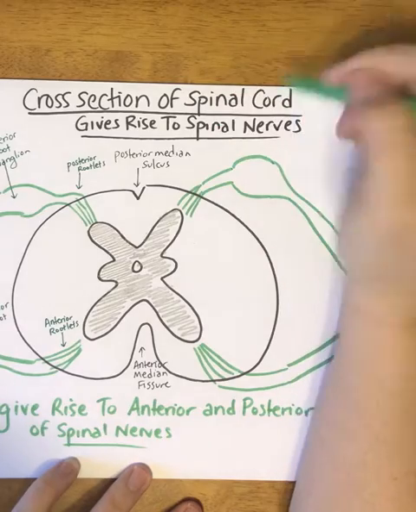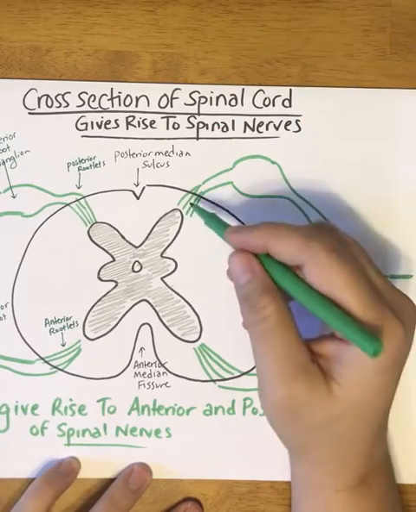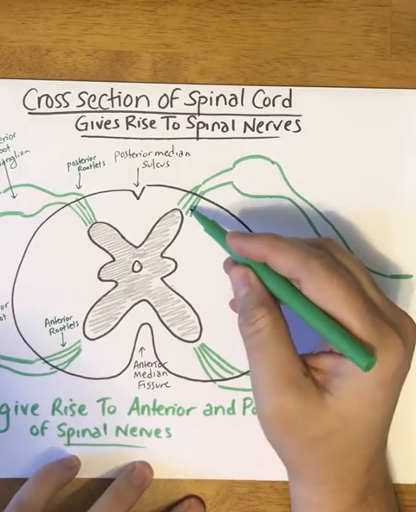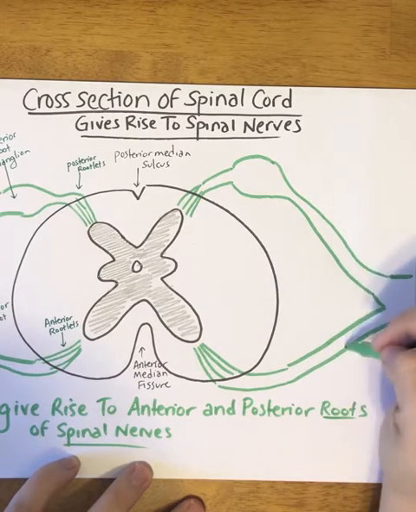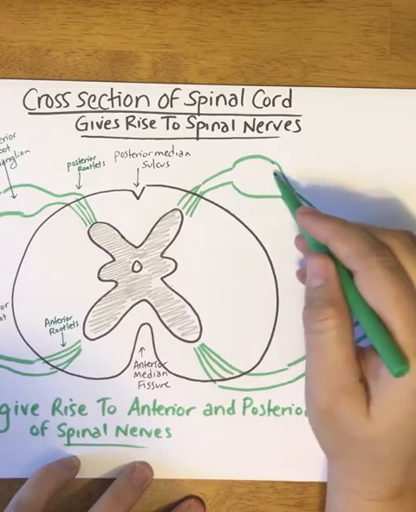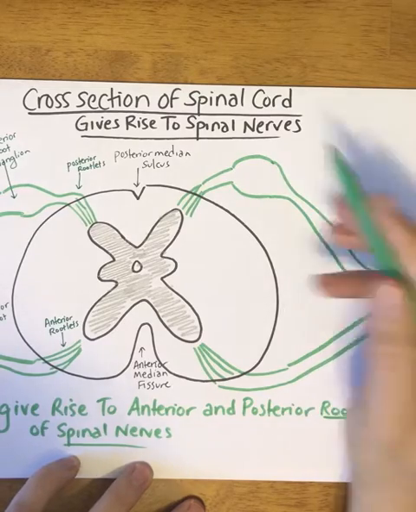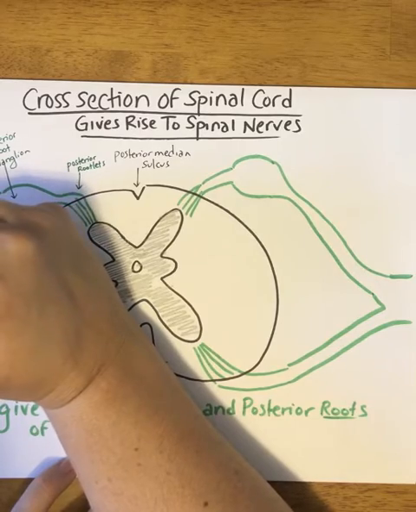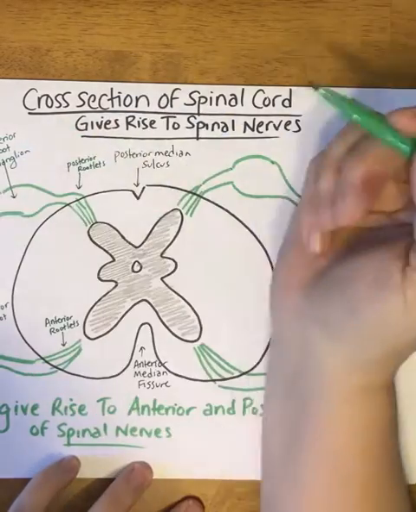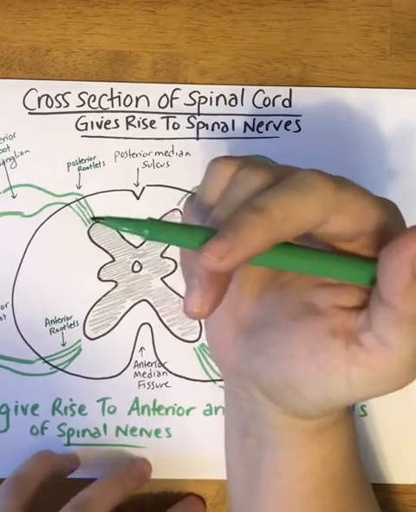So spinal nerves are part of the PNS. So we could label these things as well. Posterior rootlets, anterior root, posterior root ganglion because it's a swelling, and then posterior root. And then when they come together, this is a spinal nerve. The anterior root and the posterior root become spinal nerves.